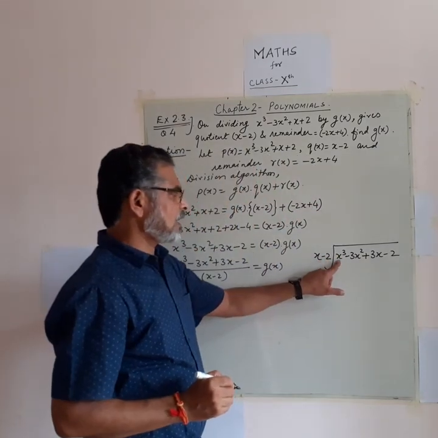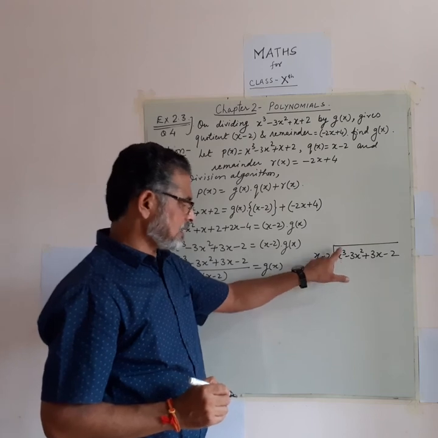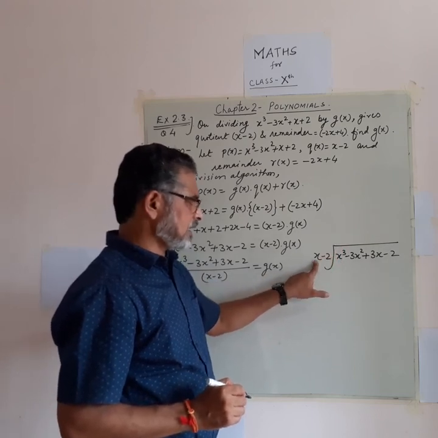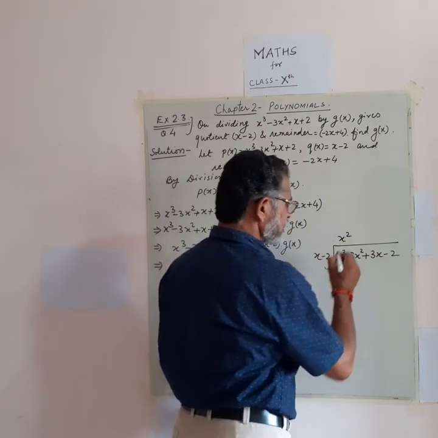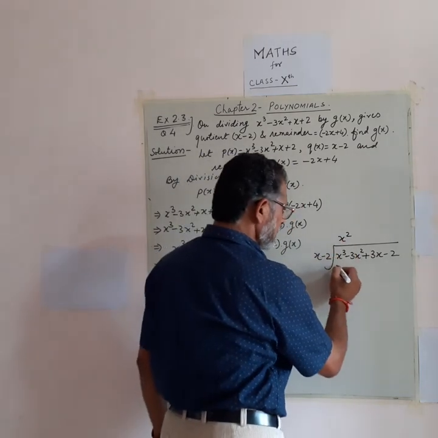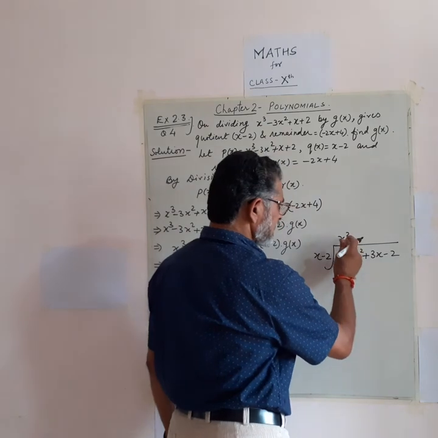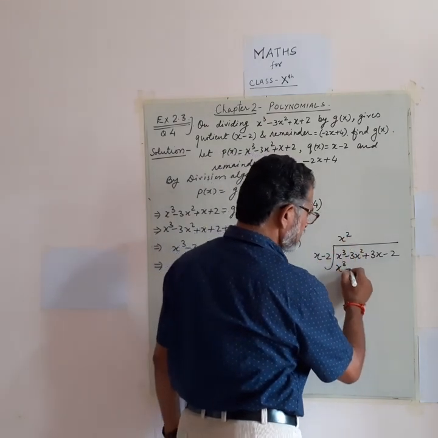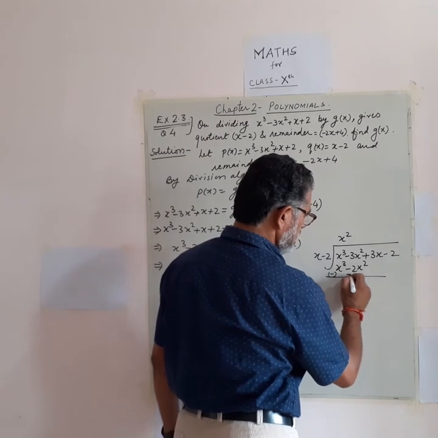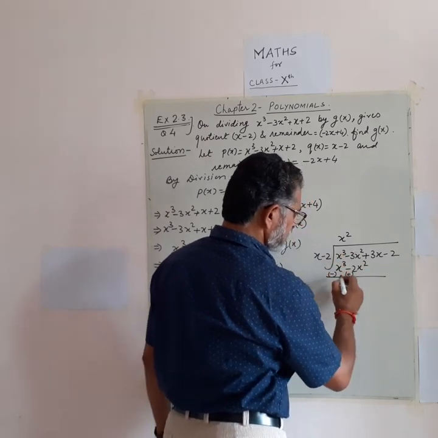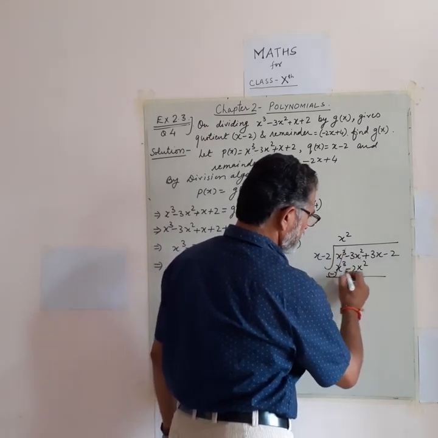So again, what will be the quotient? Here the dividend has degree 3 and the divisor has degree 1. So clearly x square is the quotient. x square multiplied with x gives x cube, and x square multiplied with minus 2 gives minus 2x square. And now after subtracting, what we get? This term will eliminate. What we get?